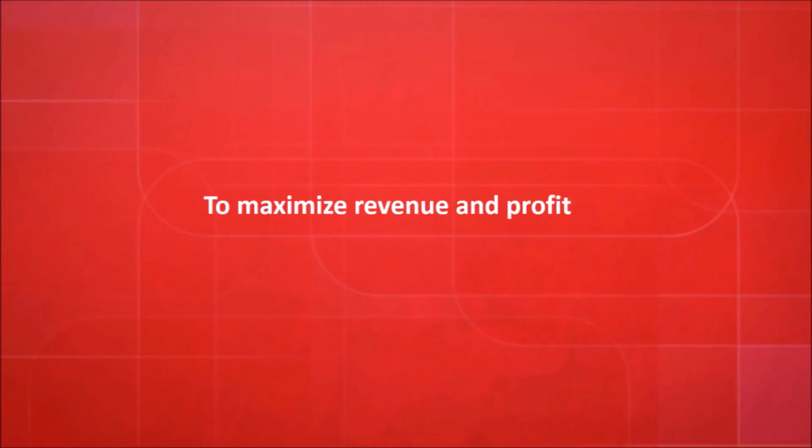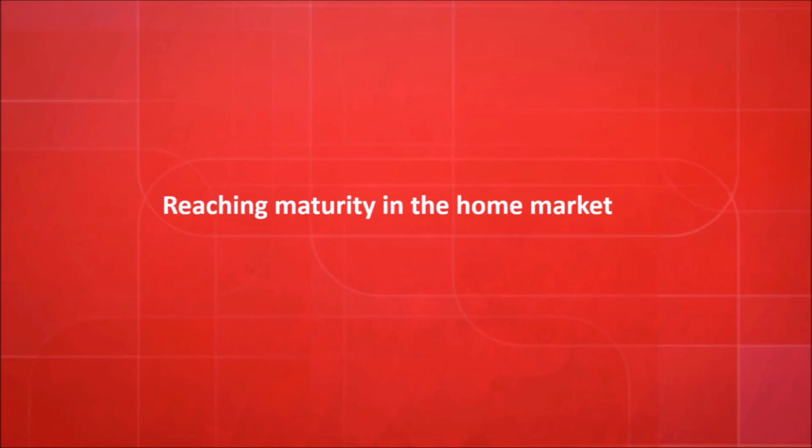So now let's see why companies go global. Companies go global for various reasons. Some reasons are short-term reasons and some are long-term reasons. Companies go global to grow revenue and profitability. Referring to Ansoff's growth matrix, this can be a market growth strategy, expanding to new markets, thereby increasing revenue and profits.